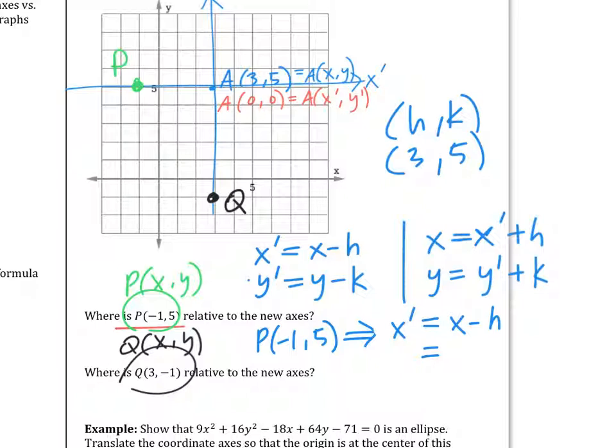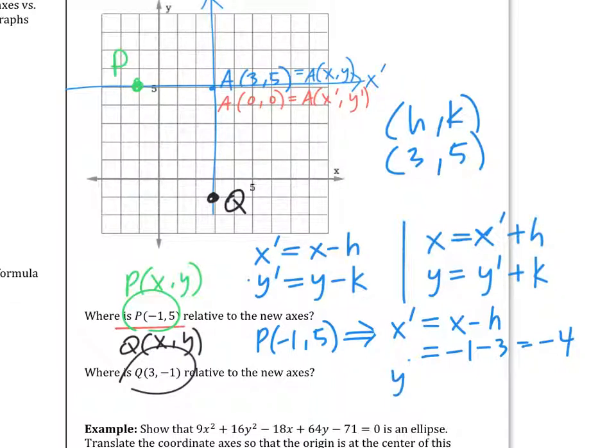In P, what is x? Negative 1. And h is what? 3. So I am going to do negative 1 minus 3, which is negative 4.